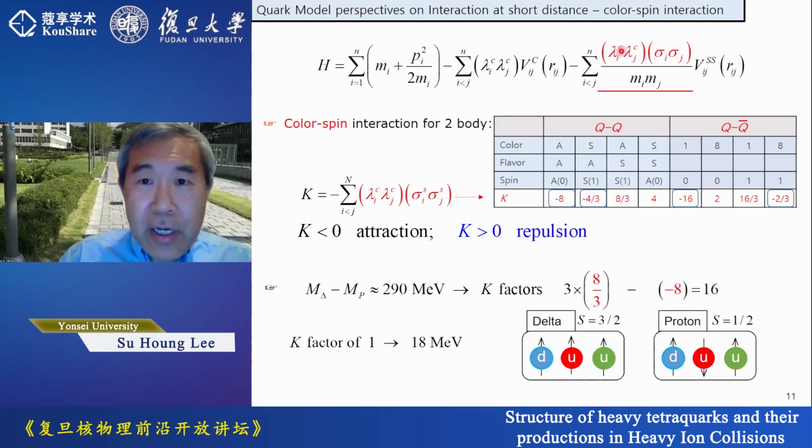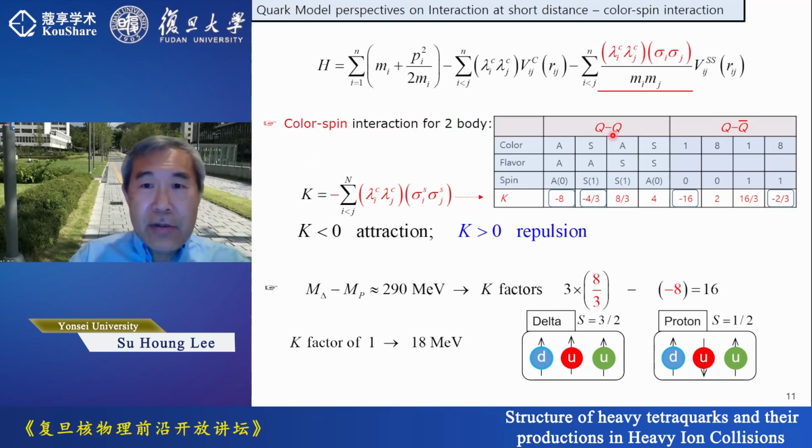They are typically proportional to this color factor and spin factor, depending on the total configuration of these two quarks, because these two quarks can have color, flavor, and spin.